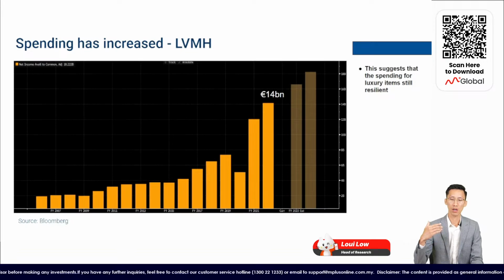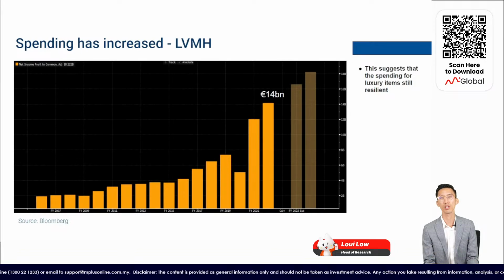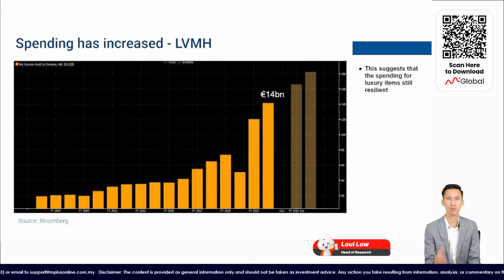So if we think about this as the spending power from China after the reopening of economic activities, then this should translate to the consumer discretionary sector. Even this sector has been going up higher and higher.